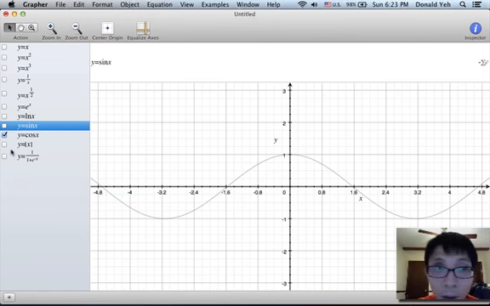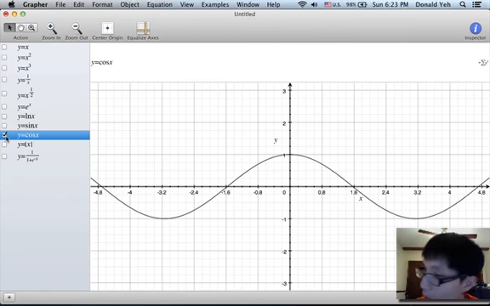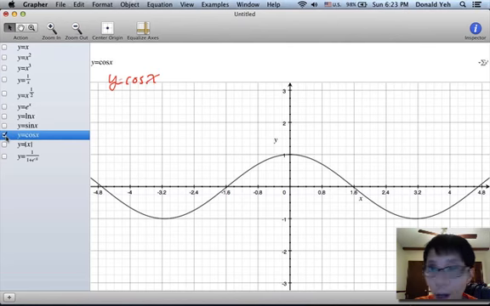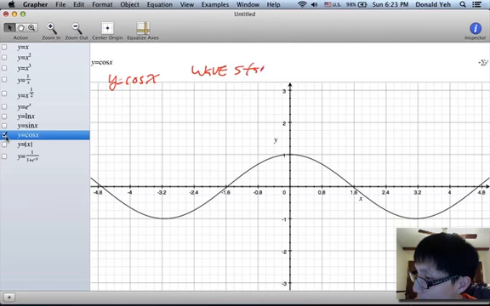So y equal to cosine of x, it's a wave that starts at 1.